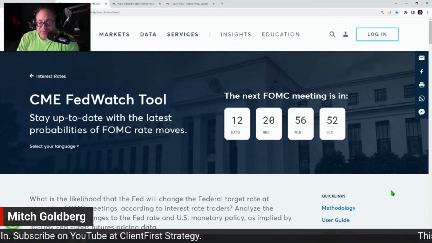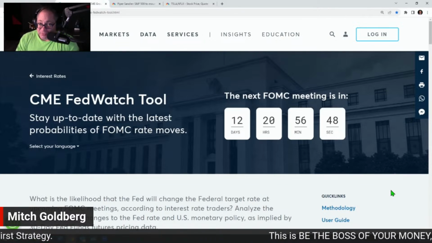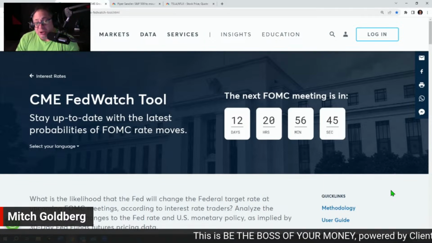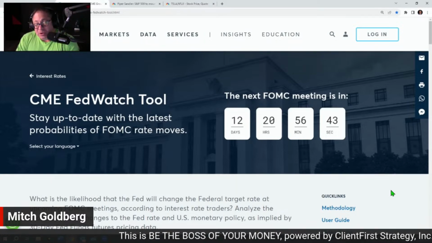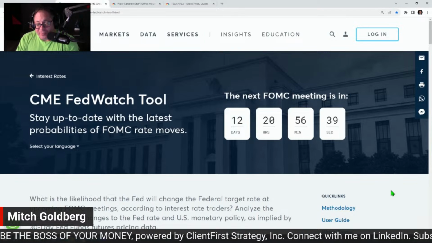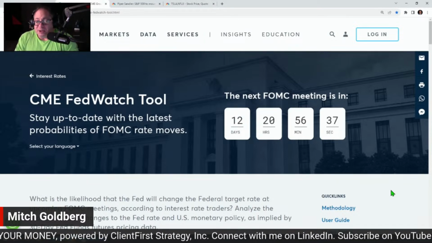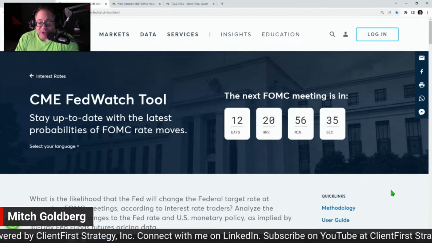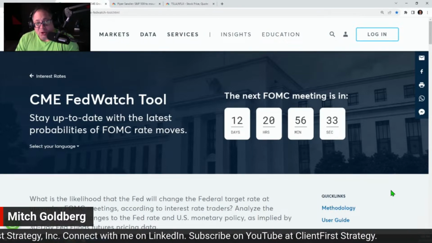The FOMC is the Federal Open Markets Committee. So when you hear that the Fed is meeting to discuss its interest rate policy, what they really mean is the part of the Fed that meets to talk about interest rate policy every 6 weeks is the FOMC, Federal Open Markets Committee.